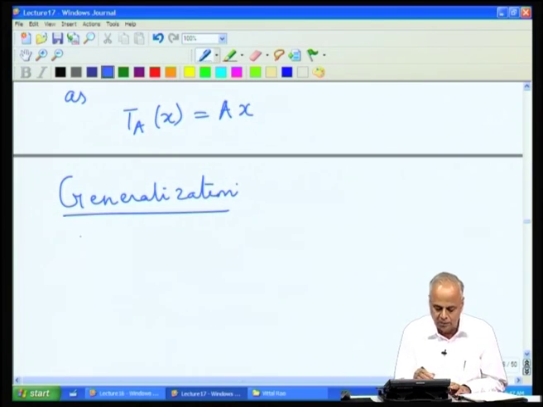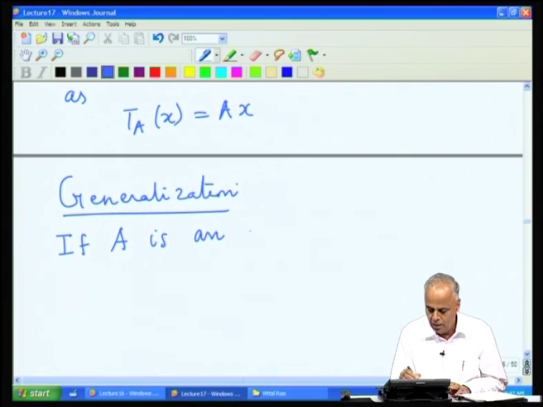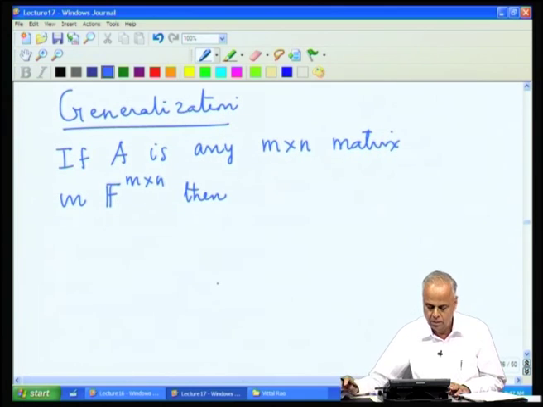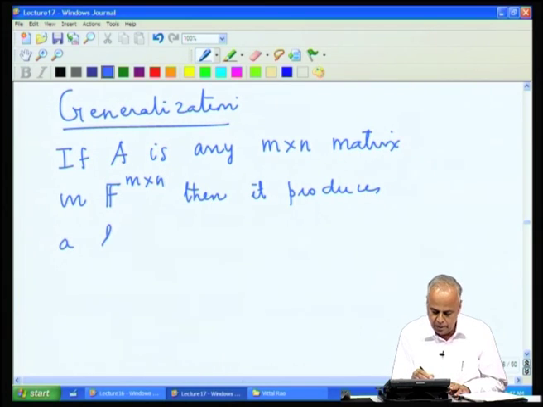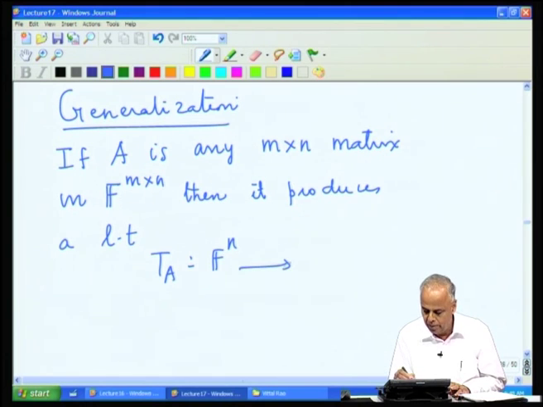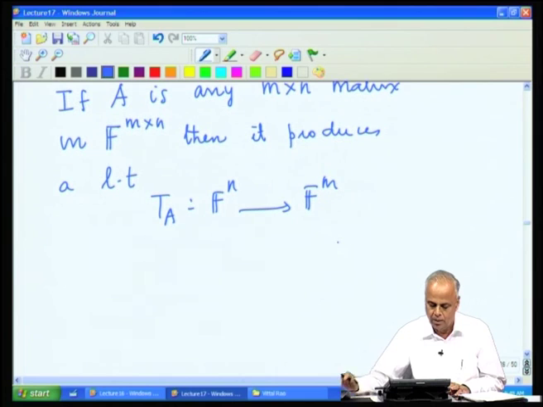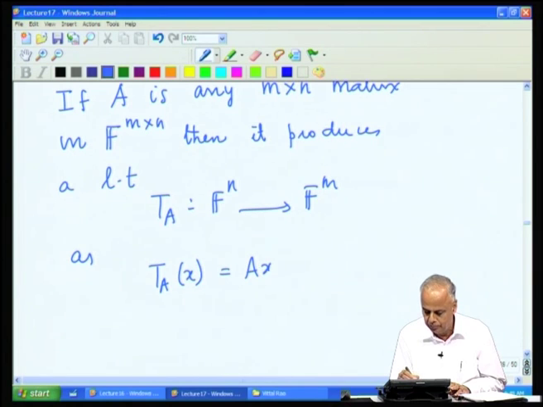The generalization is that if A is any m by n matrix in F^(m by n), then it produces a linear transformation T_A from F^n to F^m as T_A of x equal to Ax.